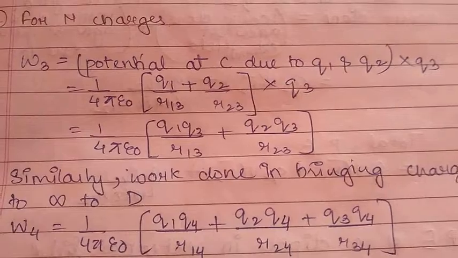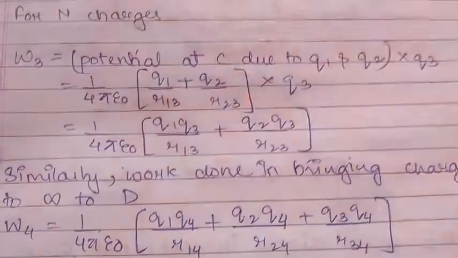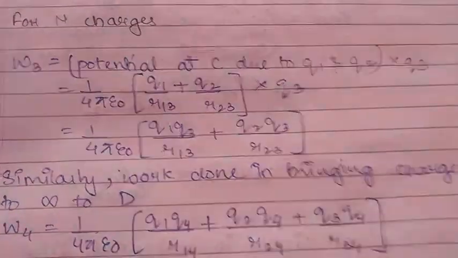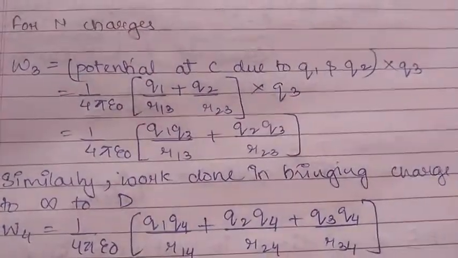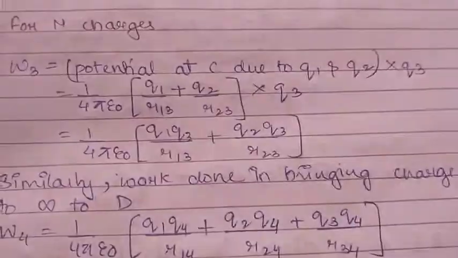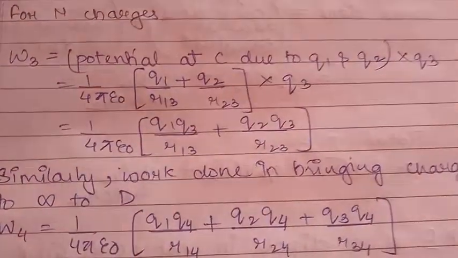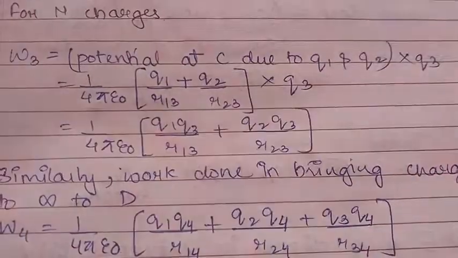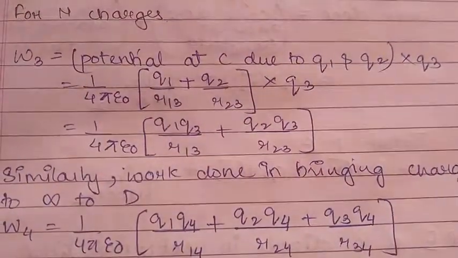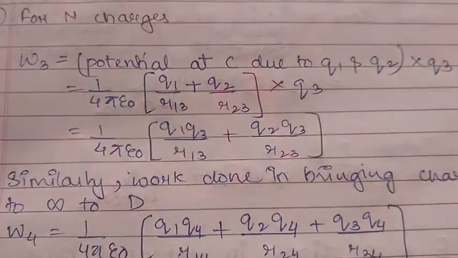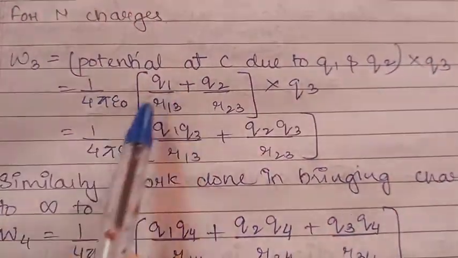Now if you are bringing charge Q3, already there are charges Q1 and Q2. Q1 is creating its own field, Q2 is creating its own field. Both of them have their individual potentials. So the work has to be done against these two charges Q1 and Q2 to bring that charge Q3. So you can summarize this here.